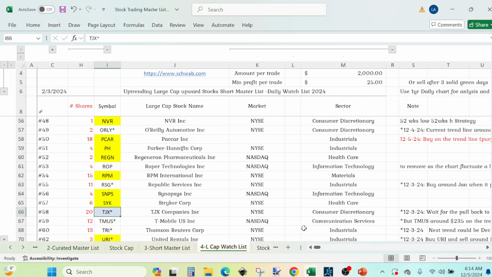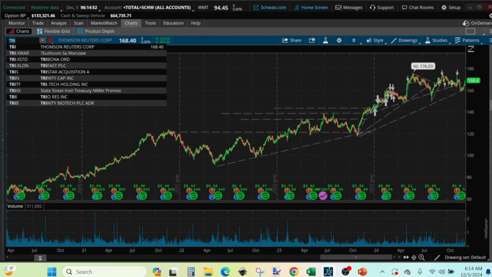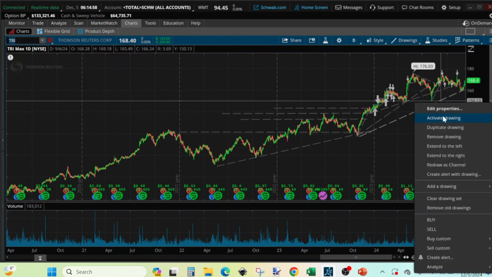So that will change pretty much. I don't know, but anyway, based on the note we put down here, the trend line is going to be priority. So TRY, we are going to be buying it on the trend line. I would think so. So for this one, I think we are going to prioritize this line.